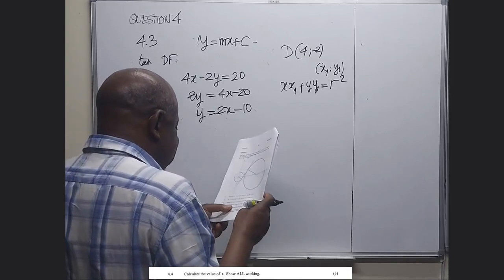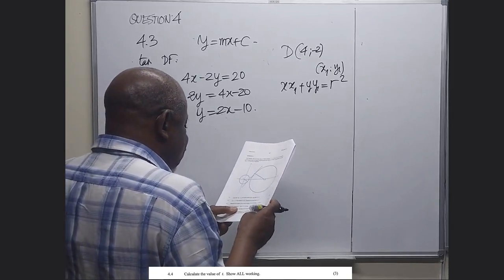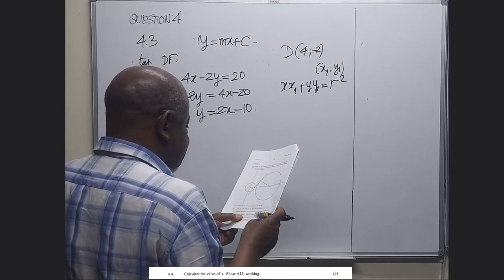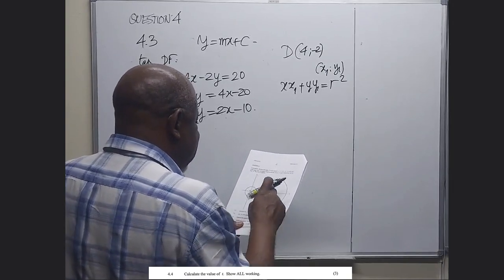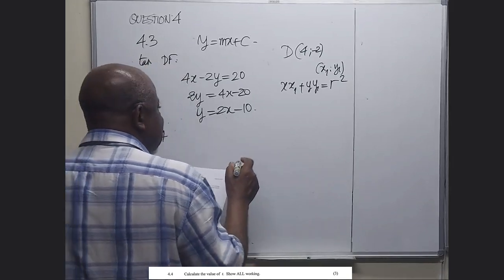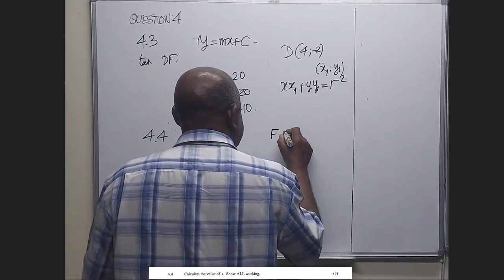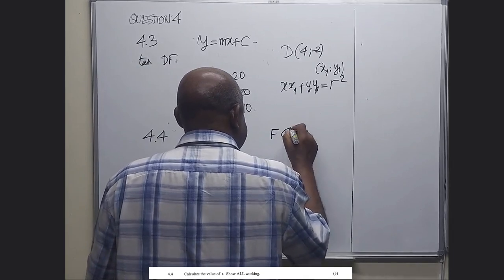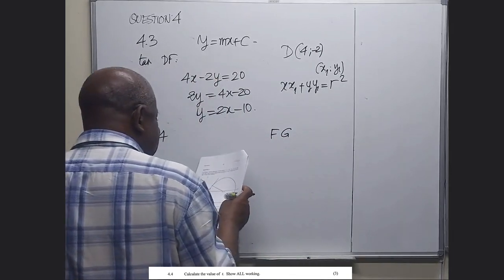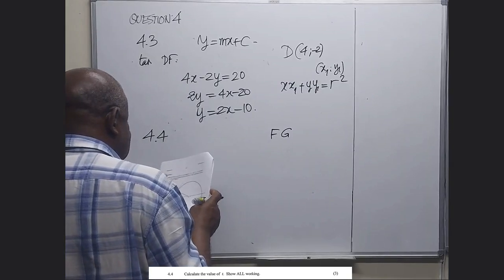Now, we're going to go to question 4.4. They say calculate the value of t. Show all working. So we can see that t is on the line FG, FG being the radius of the larger circle.